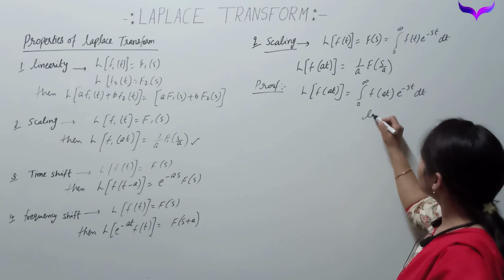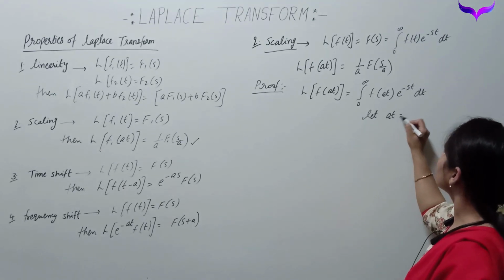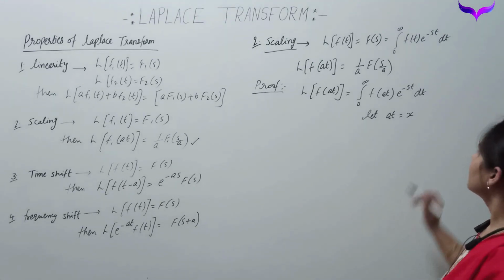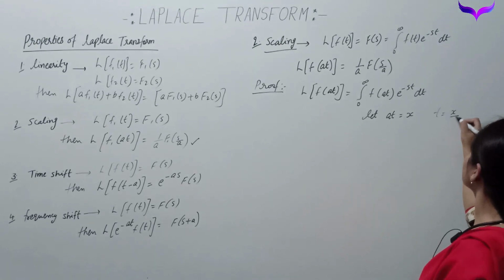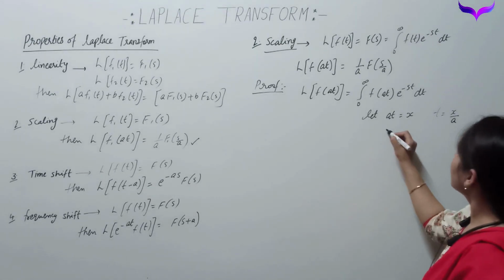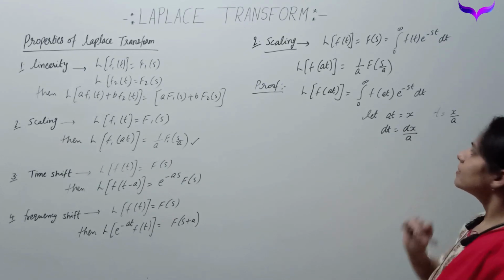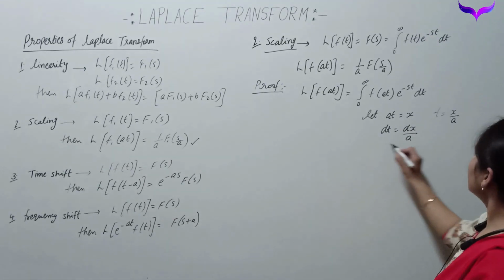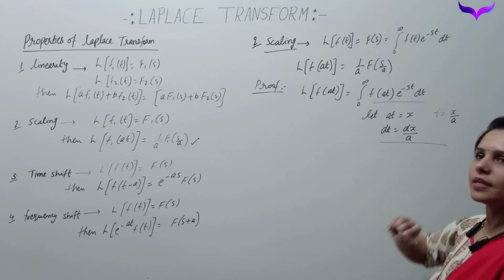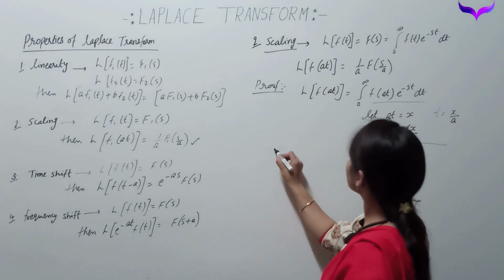Now let us suppose at is equal to x. From here t is equal to x upon a and dt is equal to dx upon a. Now put all these values in this expression. What will we get?